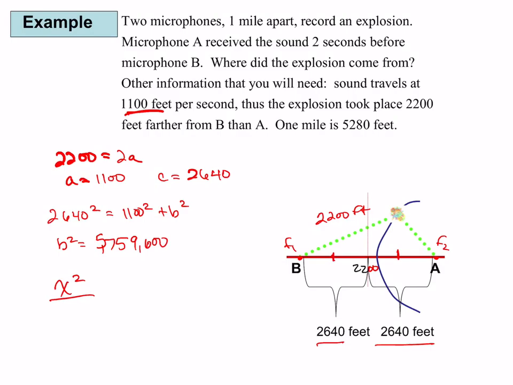X squared over 1,100 squared, which is 1,210,000, minus Y squared over 5,759,600.